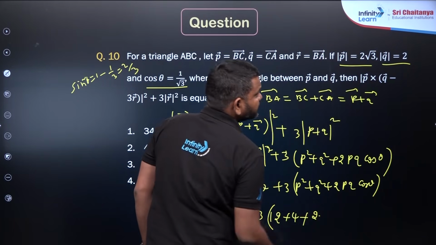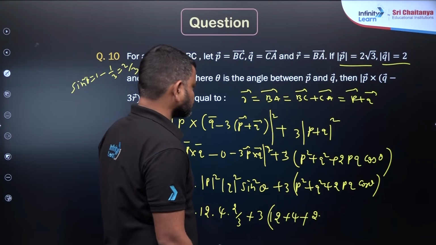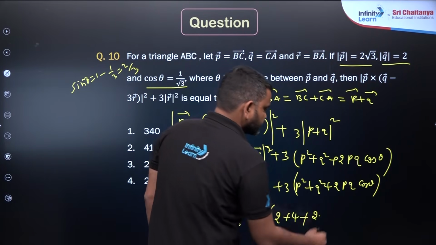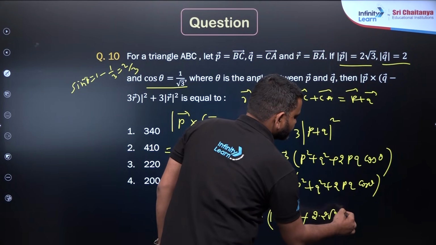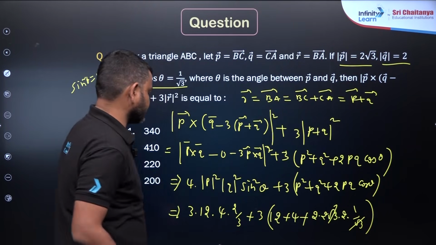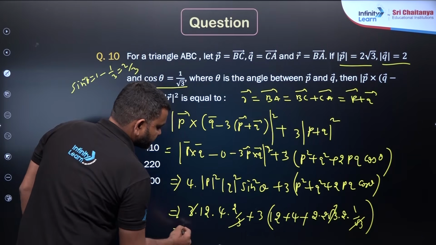2 times of, this is P into Q, cos theta is 1 by root 3, so this is going to be 2 root 3 into 2 into 1 by root 3. So 1 by root 3 and 1 by root 3 is getting cancelled. Here 3 and 3 is getting cancelled.